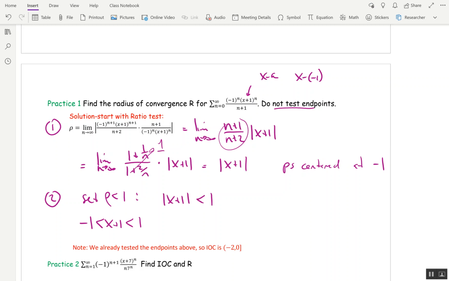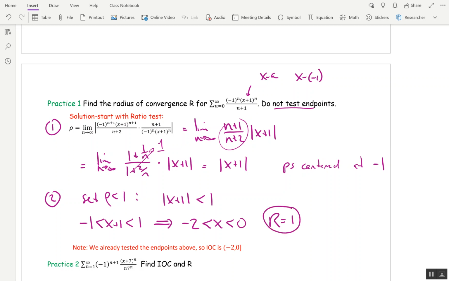And now subtract 1 from all three sections. -2 less than x less than 0. All right, that's an interval of width 2. So our radius is 1.